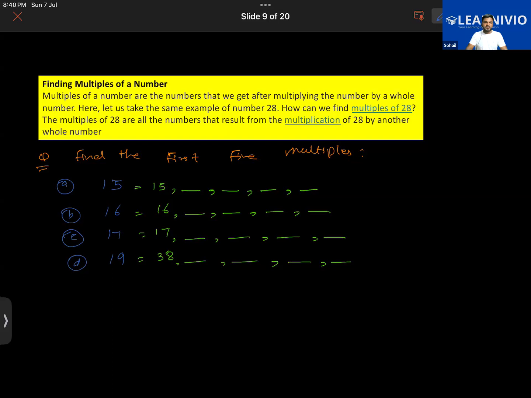What are the multiples of 15 you have found?